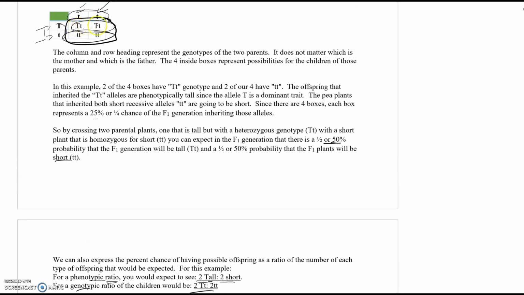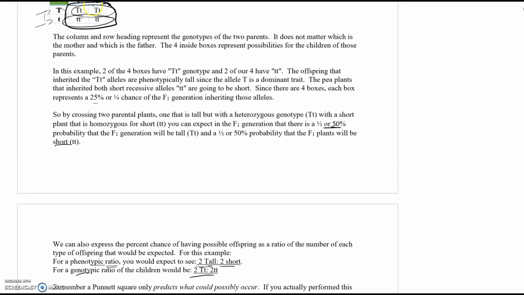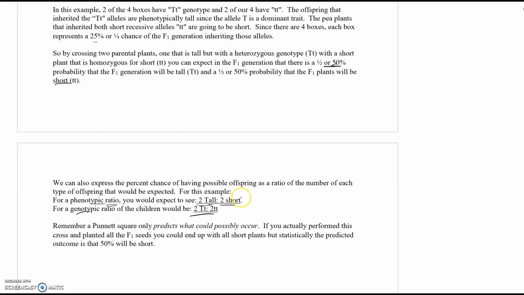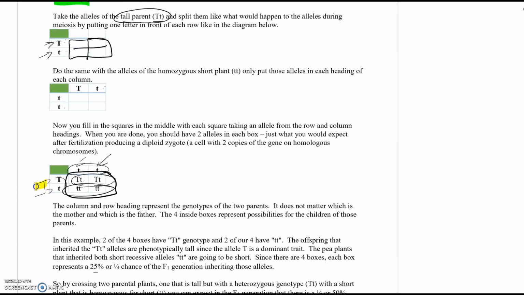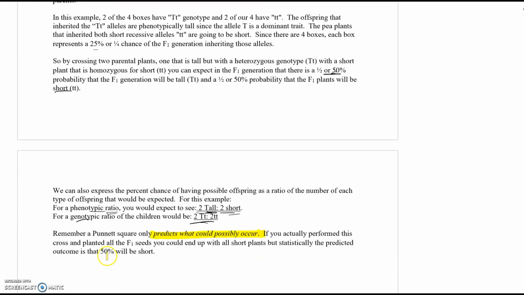Now, because there are 4 boxes, when we write these ratios, we typically just count up the number of boxes that represent each genotype or phenotype and fill that in with the appropriate genotype or phenotype to write this as a ratio. Now, one important thing to keep in mind is that these are only predicted possibilities. Each parent has an equal likelihood of passing on either one of their alleles. So this is ultimately kind of like flipping a coin.